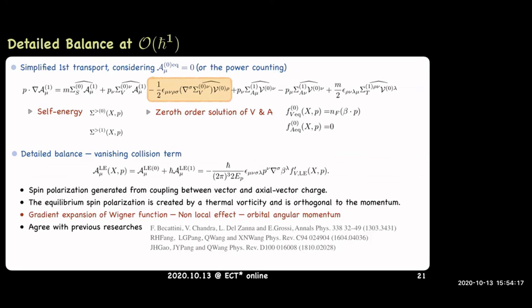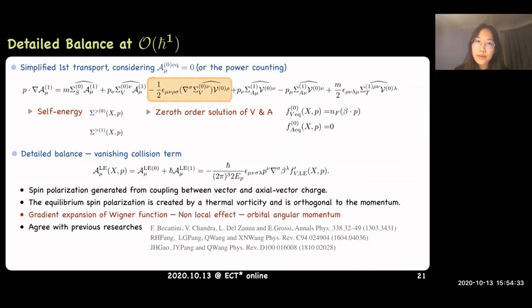Thanks for the nice talk. I have a question: since you used the 4 Fermi interaction, does your expression for the self-energy contain any divergence? No. We did not perform the momentum integration, because when you take detailed balance, you require that the collision term vanish, so the terms inside the momentum integration vanish.